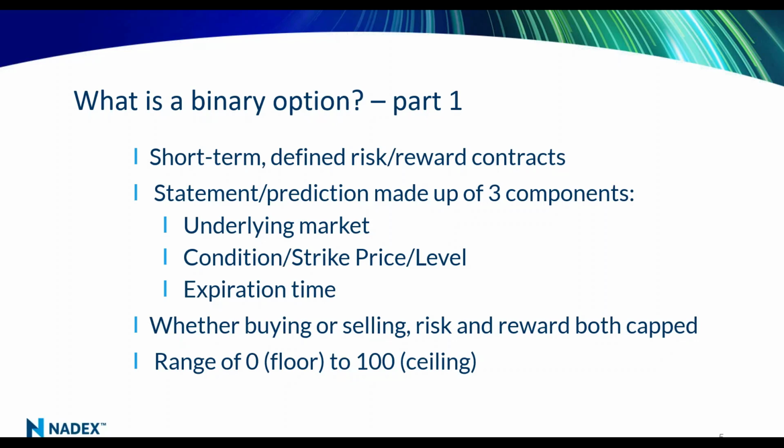Binary options will trade between 0 and 100. I'm going to get into what those numbers represent in a little bit, but when you look at the price of a binary, the floor is 0, the ceiling is 100, and that is it. And it will trade between that range, okay? And then it will settle at either one of those ends.